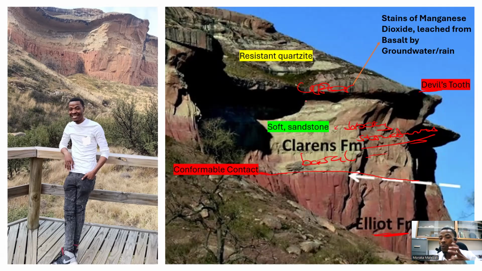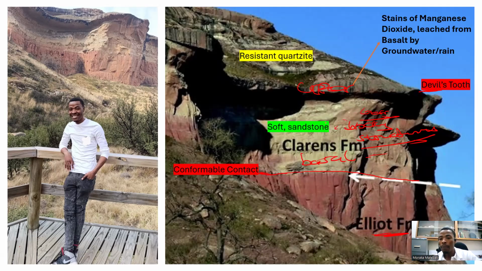But the top part, which is resistant, is coarse grained. This one is fine grained. This one is coarse grained, then resistant to weathering. That's why it gives us this cave. So these spectacular sediments, or sedimentation in this area, are what give us these cliffs.